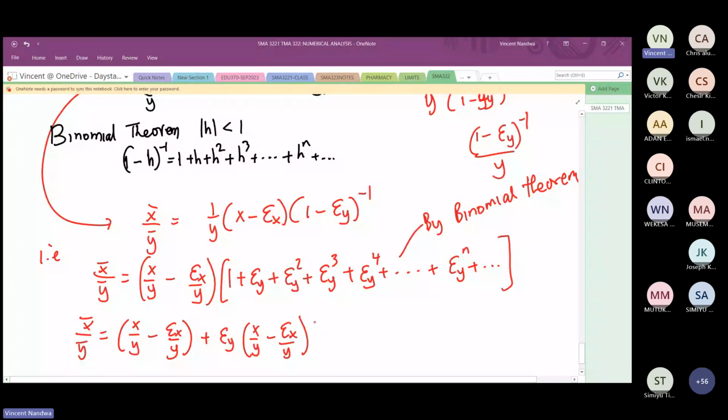Then we are sure that we'll have (x over y minus error in x over y) times (error in y squared plus error in y to the power of 3 plus error in y to the power of n).